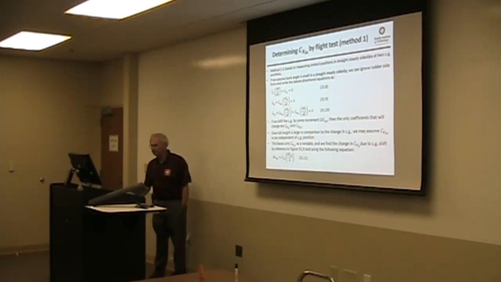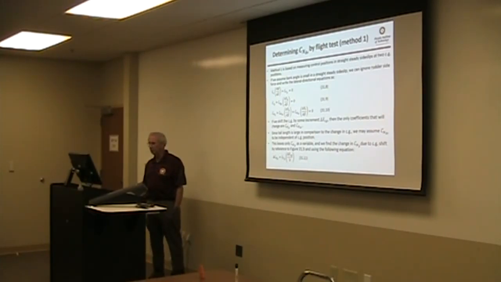And then we have rolling moment coefficient Cl beta with side slip plus Cl delta A, the rolling moment due to aileron deflection, times the aileron deflection with side slip.